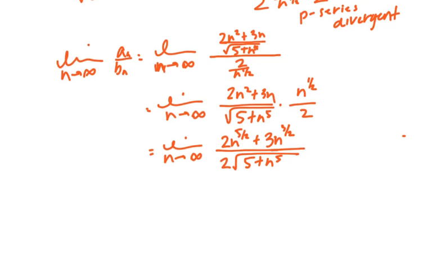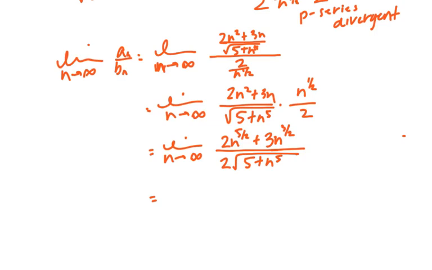I think L'Hopital's rule is messier than dividing by your highest power of n in the denominator. So let's divide by n to the 5 halves because that's what we have in the denominator. So we have 2n to the 5 halves. I'm going to need more space. Let me try this again.